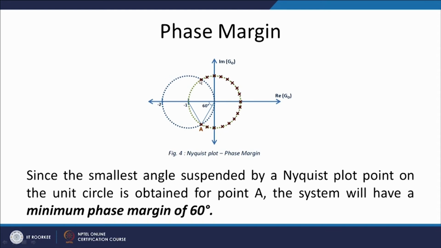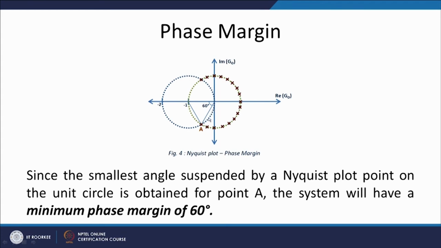To get the phase margin, I am drawing another unit circle which is intersecting this at the point A. This is my minimum phase margin. This means if I increase the phase, the system will reach instability, because my system cannot enter into this unit circle.